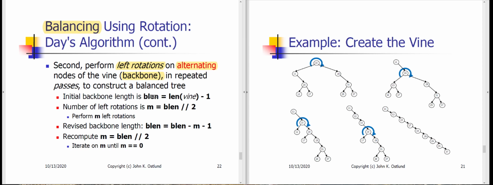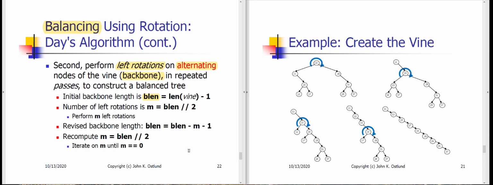So the rule for keeping track of the length of the backbone is, when we get to each pass, we have to subtract 1 from the remaining backbone length. Okay, and the reason for that is to make sure that we don't take our right-hand vine and accidentally push everything over to the left, so that we end up with a left-weighted tree.